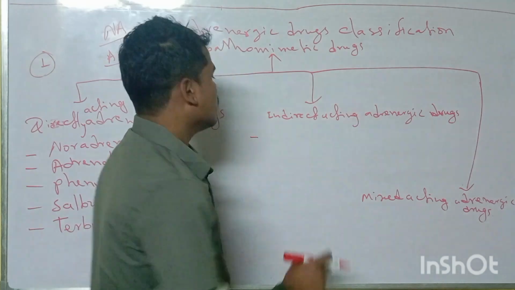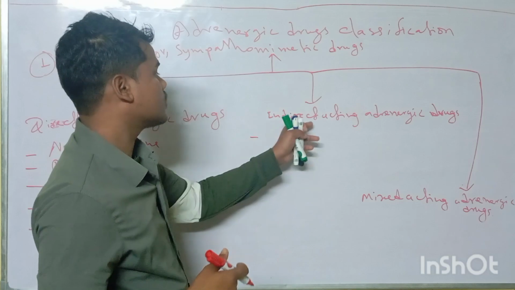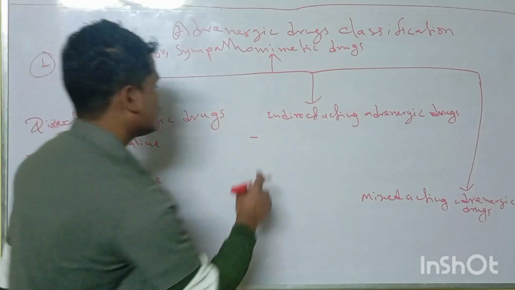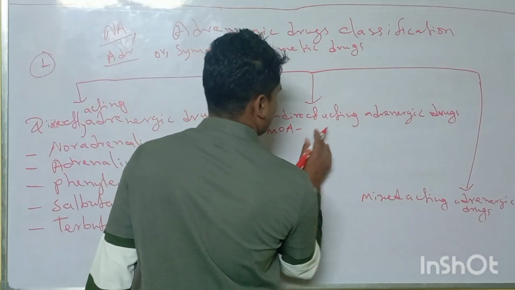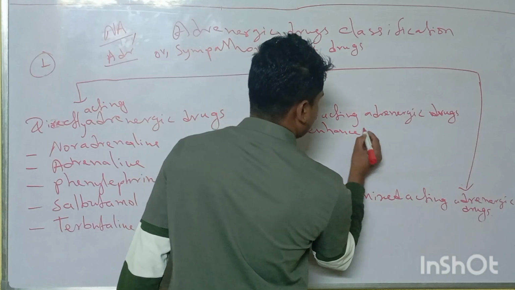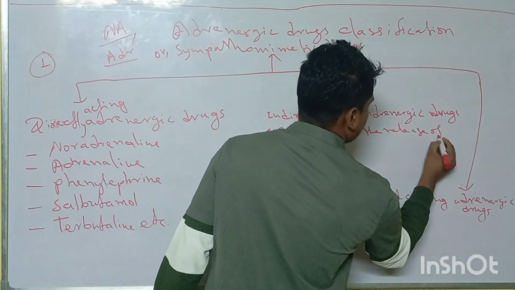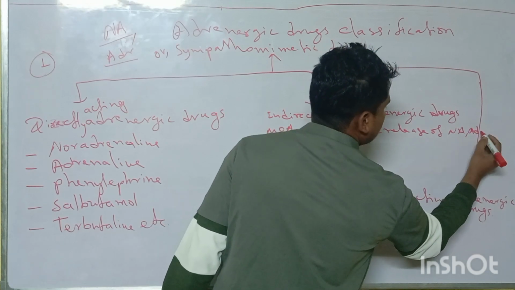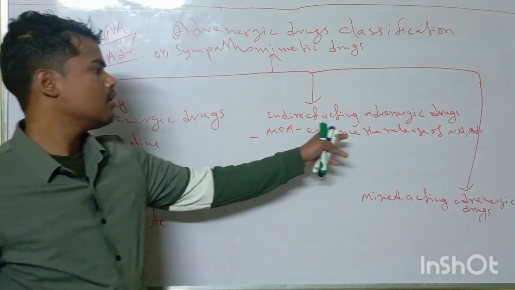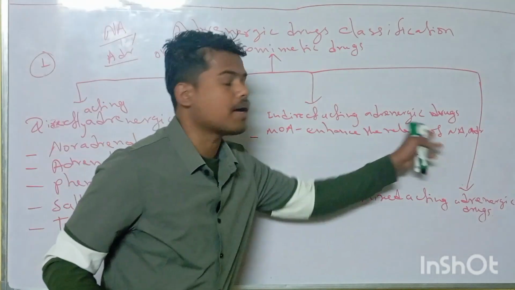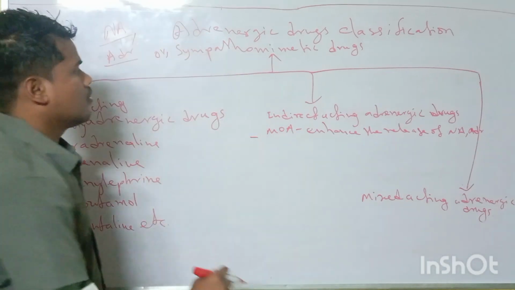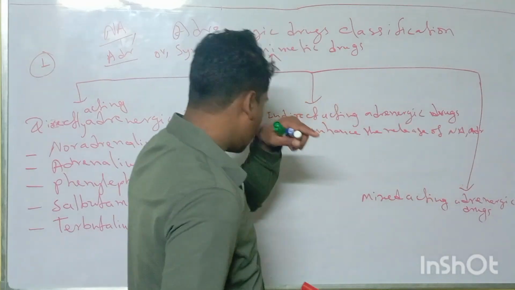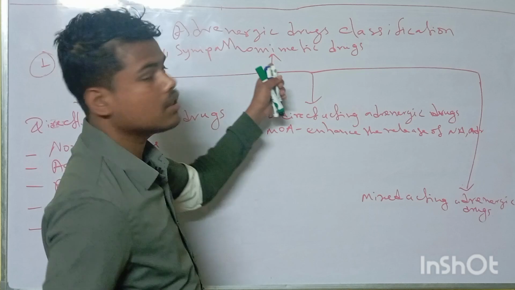The mechanism of action is that they enhance the release of noradrenaline and adrenaline and mimic the functions of the sympathetic nervous system via this pathway.